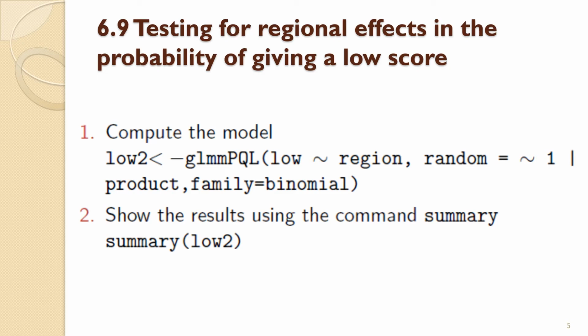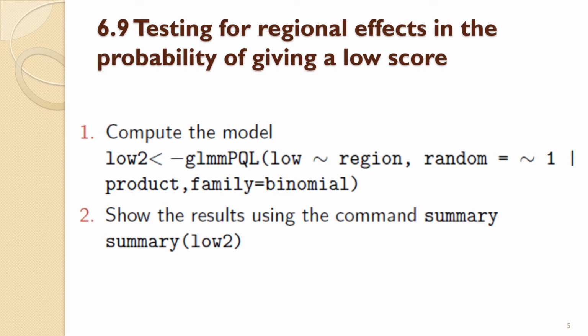So the first command then, I just wanted to try and explain what the R syntax is doing. So call the thing something sensible. Here I've gone for low 2. Didn't want to repeat the names that I'd used previously. This is going to be a generalized linear mixed model fitted by penalized quasi likelihood, and this is going to relate low to the region.